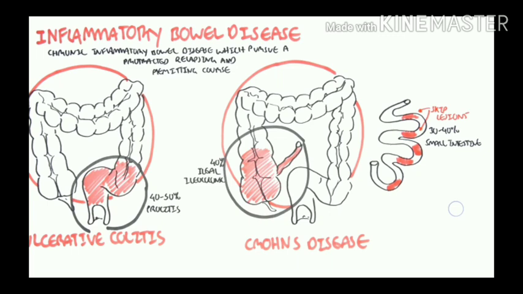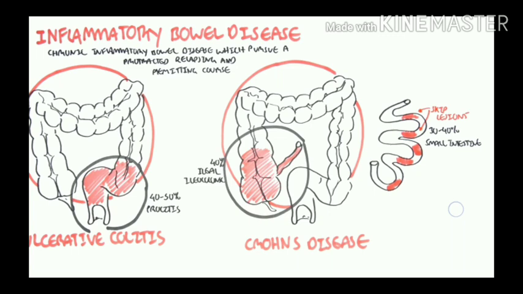Okay, the third most affected area in Crohn's disease is the large intestine, where the skip lesions occur in about 20% of cases, and this is referred to as Crohn's colitis.